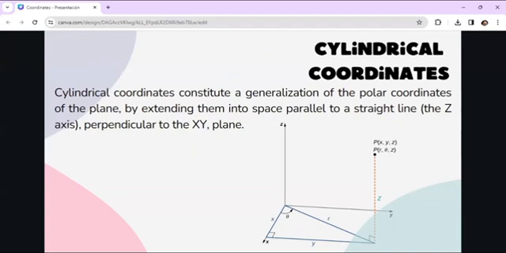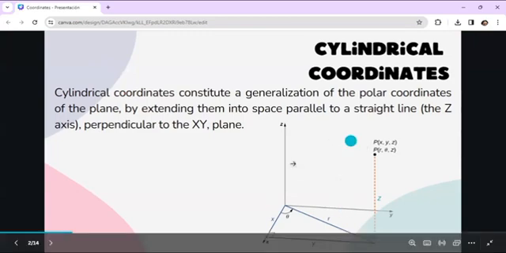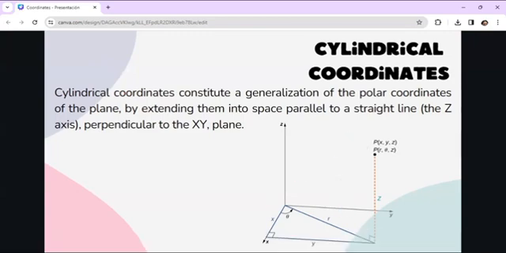That straight line is the z-axis and is perpendicular to the x and y plane. And we have a small image to represent and understand the cylindrical coordinates a little bit better.